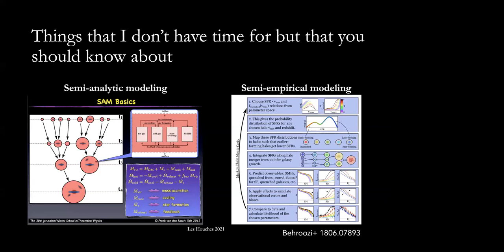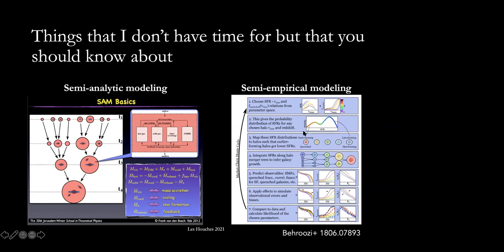I'm not going to have time to talk about semi-analytic modeling, but it is another approach, or semi-empirical modeling. These are other approaches of modeling the connections between galaxies and halos that don't rely on the full hydro simulations, but instead have simpler recipes or prescriptions for matching galaxies with halos and their co-evolution.